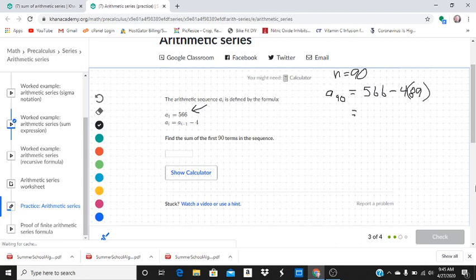So let's do that out. 566 minus 4 times 89. That's going to be 210.